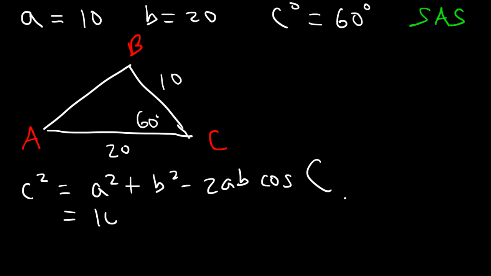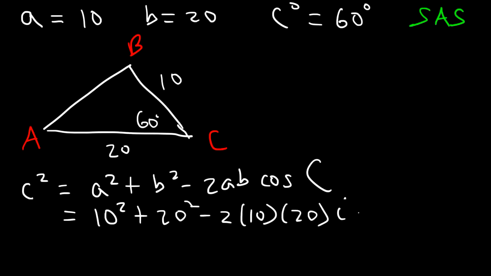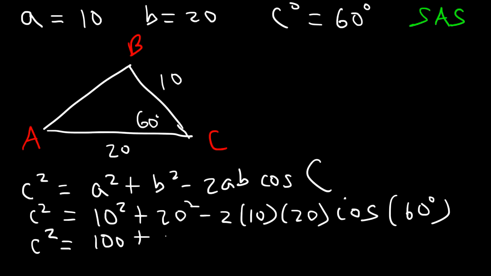We have sides A and B. A is 10, B is 20, and we have angle C, which is 60 degrees. So we can use this to find side C. 10 squared is 100, 20 times 20 is 400, and 2 times 10 is 20, times another 20, that's 400 as well.